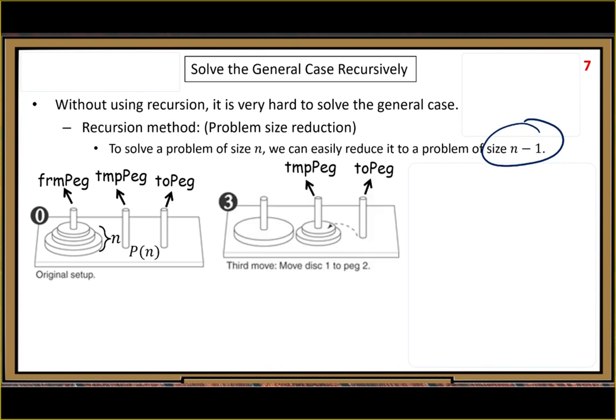The first step, you can see, we assume P of n minus 1 is available. So we can apply that P of n minus 1 first. Here, the temporary peg, that middle part, you imagine we move n minus 1 disks in a stack from the starting peg to the temporary peg as a whole package this time.